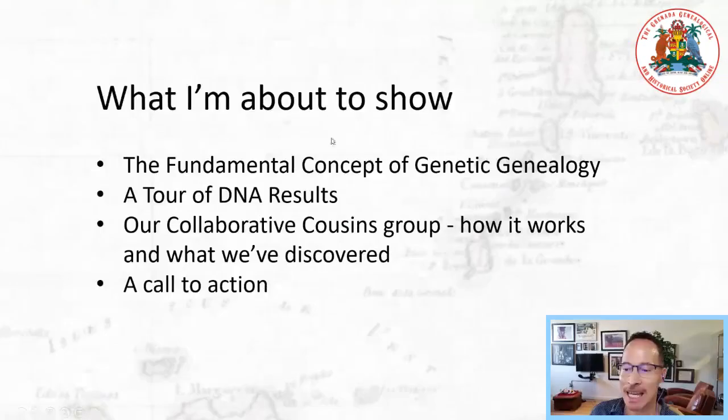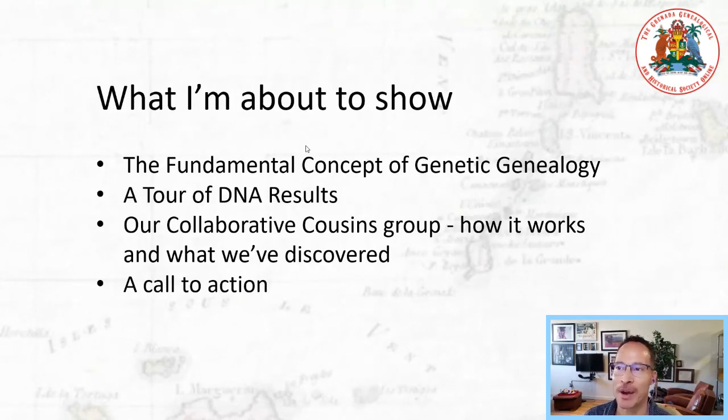And so what I'm about to show you today is, I'm going to start off with some technical things, the fundamental concept of genetic genealogy. So what Ancestry and 23andMe are doing exactly when you take a test, and how they are telling you what they're telling you. Then I'll take a tour of DNA results.